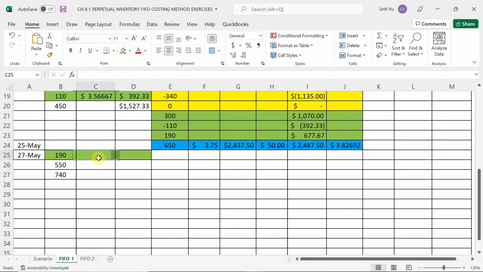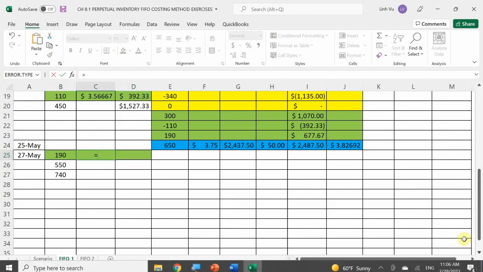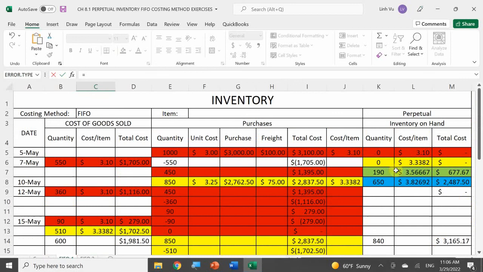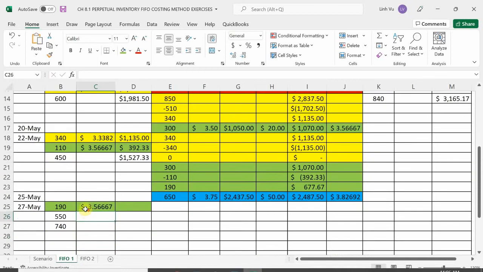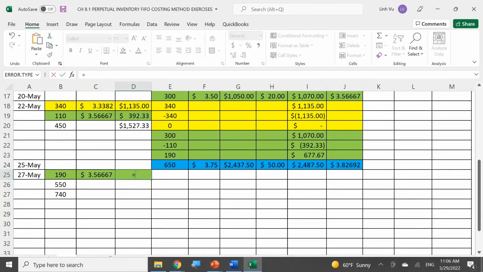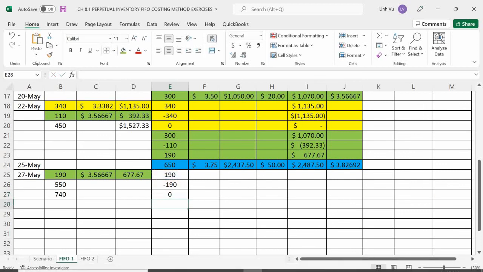I know the cost per item for my green batch is right now $3.56, which we already know is going to give me a grand total of $677.67. I'm going to subtract that out to get to 0.